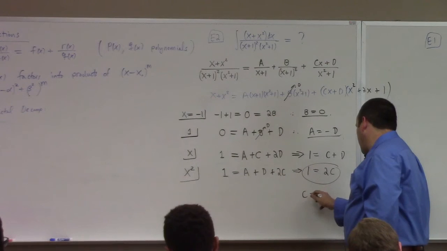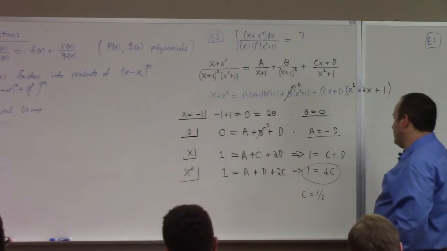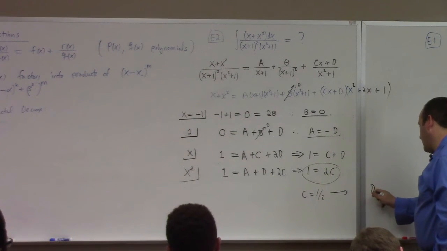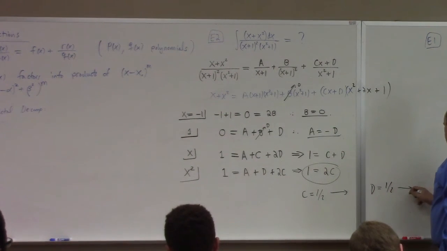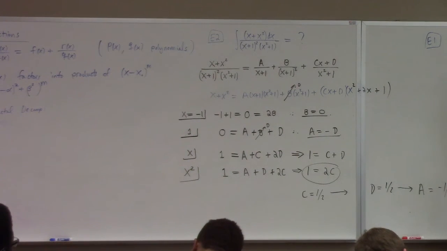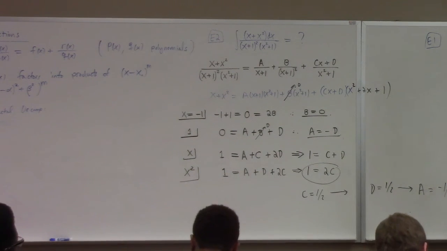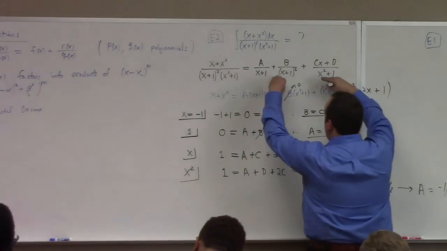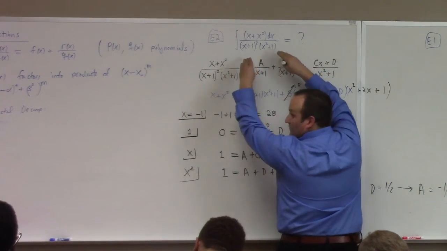So c is equal to a half. And then what's that make d? Yeah, d has to be 1/2, which means a is minus 1/2. Then you take those, plug these numbers into here, put that into the integral, and you can do it.